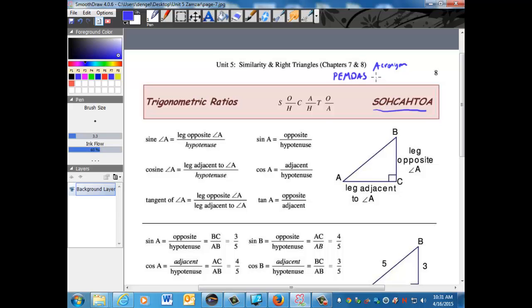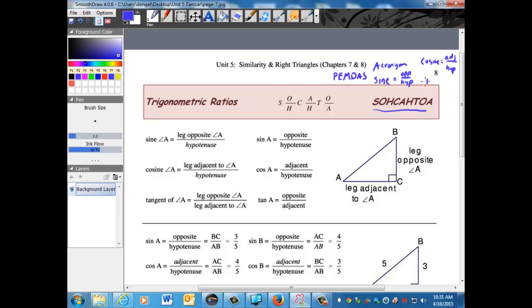The S stands for sine, and sine is going to equal the opposite side or the opposite leg over hypotenuse. The C is going to stand for cosine, and that's going to equal the adjacent side over hypotenuse.